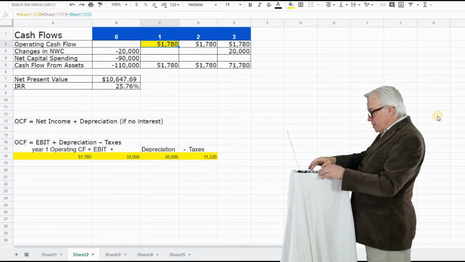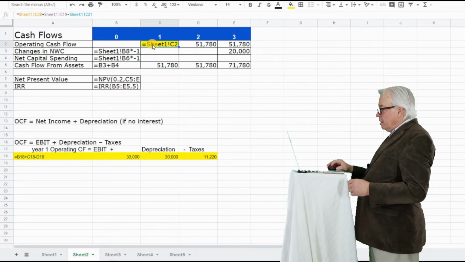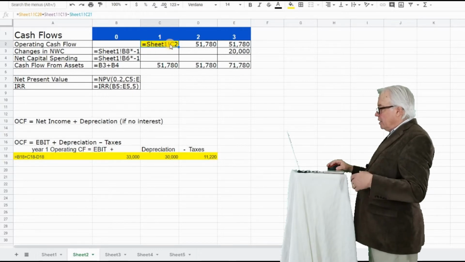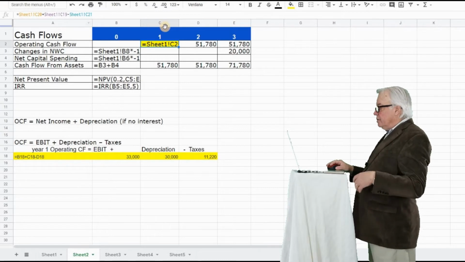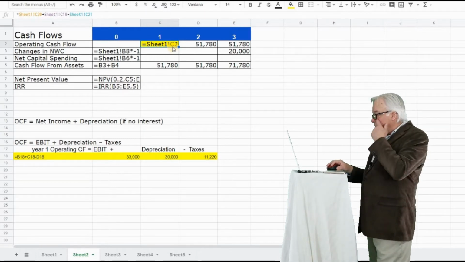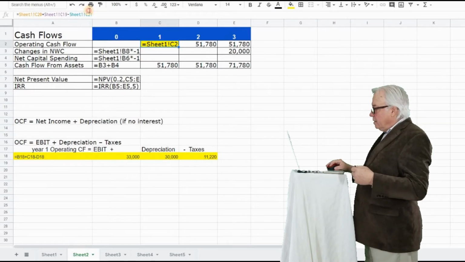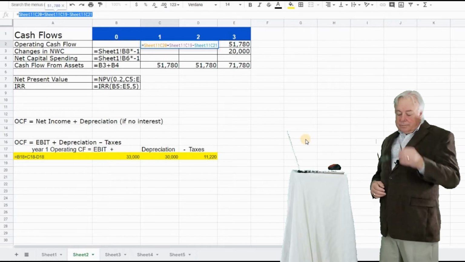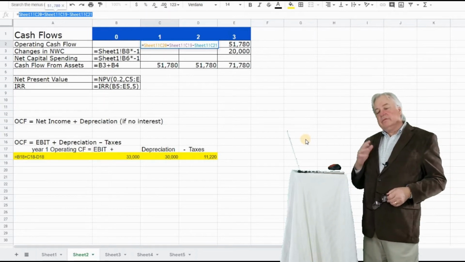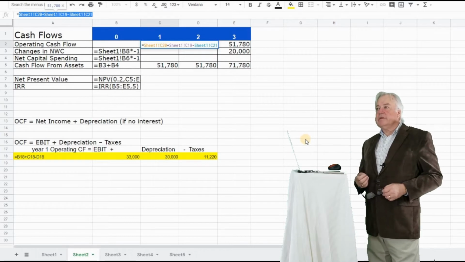It makes it a three-dimensional sheet. Let me go ahead and change it to the formulas, so you can see here it says sheet 1 exclamation point C20 plus sheet 2, and so forth. You can see it way up in the corner here in the formula bar. The point being that you can make a three-dimensional spreadsheet.